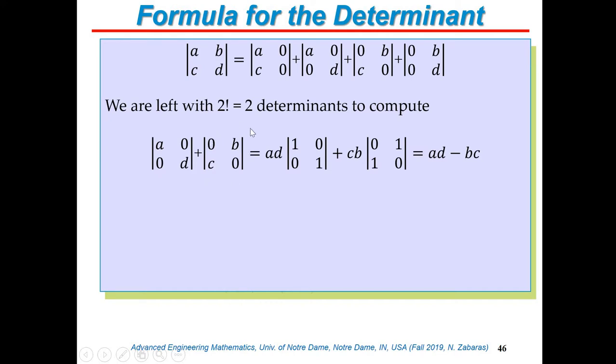And actually, you can look at this in many ways. One of the ways is to do an exchange of columns. That will change the sign by -1. And then B and C go on the diagonal, and you can pull them out, all right?